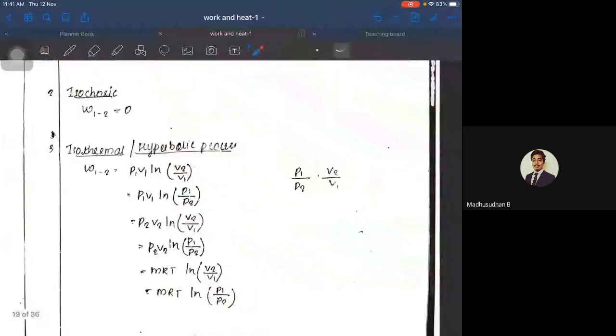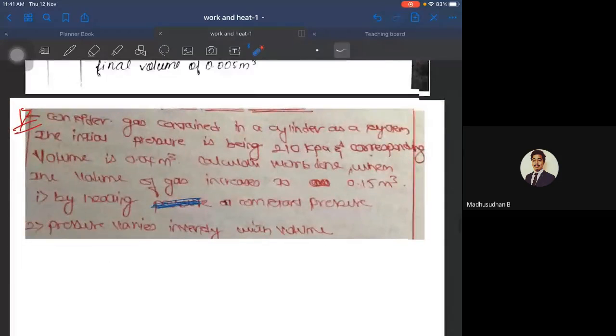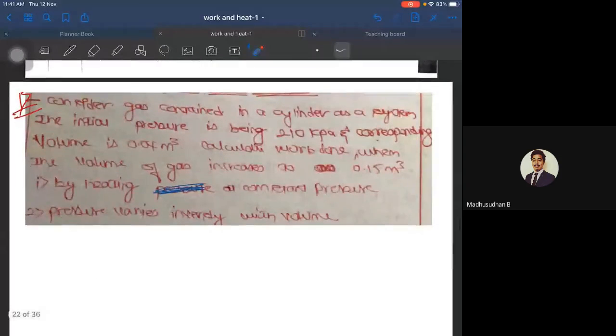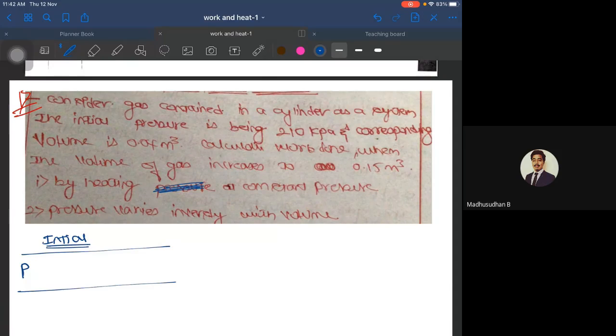Now, let us look into the first problem and try to solve this. Consider a gas contained in a cylinder as a system with an initial pressure, I'll write it as P here. The initial pressure is 210 kPa.